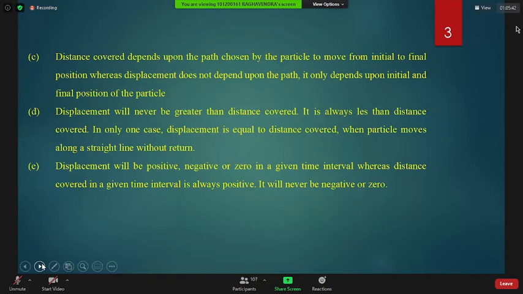And what is that case? When a particle moves along a straight line path without return. If a particle is moving along a straight line path and is not returning back, then distance and displacement both will be equal. Are you following me? Yes, sir.